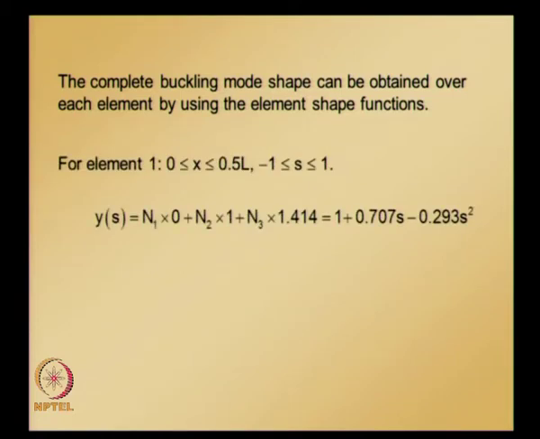So, for element 1, which is going from x is equal to 0 to x is equal to 0.5 L, and s goes from -1 to 1, substituting N1 y1, N2 y2, N3 y3, we get this equation which helps us to plot the mode shape for element 1.